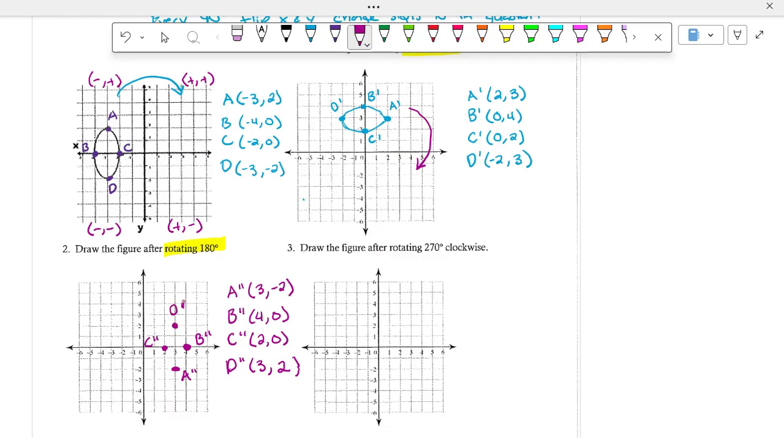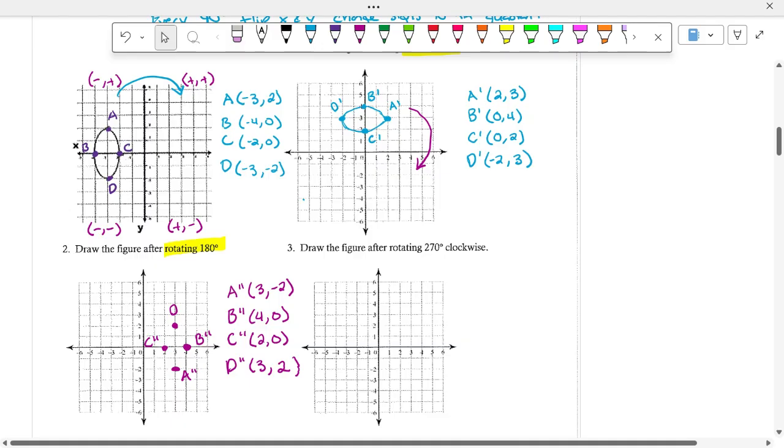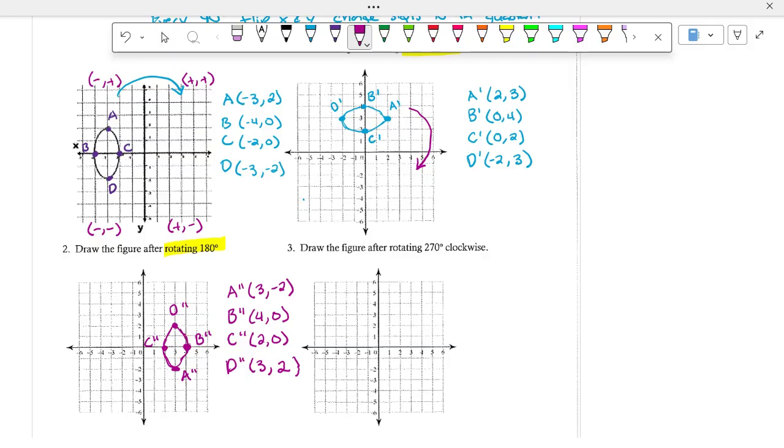So guys, these are things that you have to be asking yourself as you are going through rotations. Rotations are pretty easy, even though they look complicated, just for the sheer fact of you just got to know, okay, every 90 degrees, I flip X and Y. And I change the signs to fit whatever quadrant.